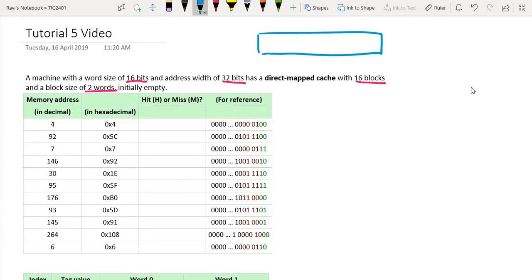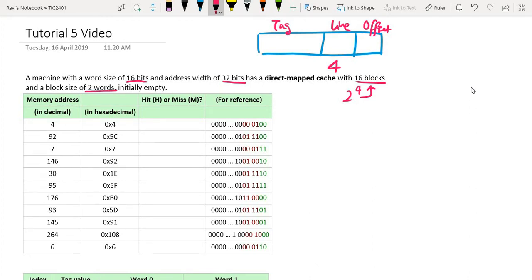Now to have 16 blocks, in my cache, when I look at the address, I need to break it up into three things: the tag, the cache line, and the byte offset. Since I have 16 blocks or 16 lines, 2 to the power of 4 is 16, so I need 4 bits to represent the cache line.